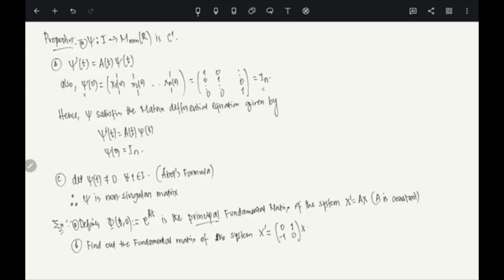Try to find it out and see if you can do that part. Please do that.